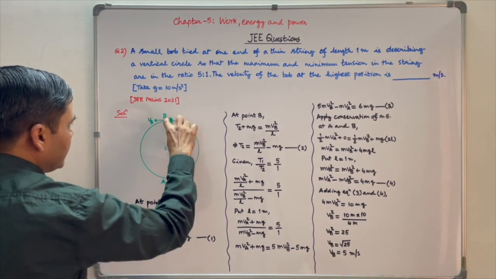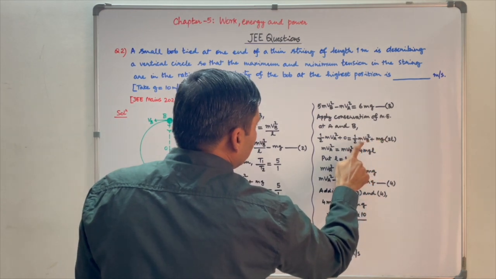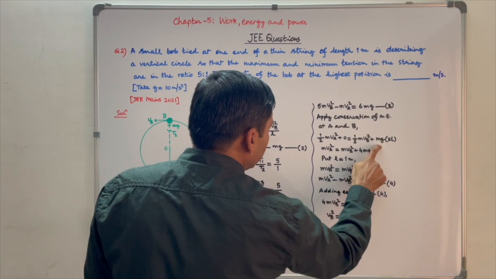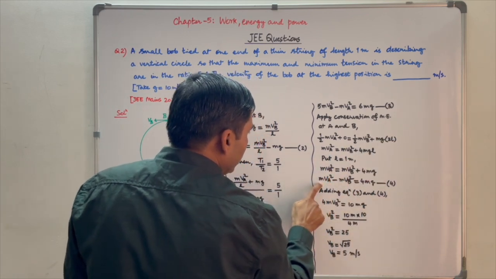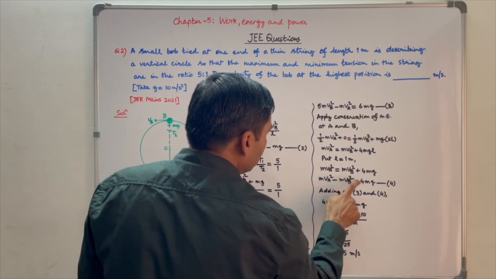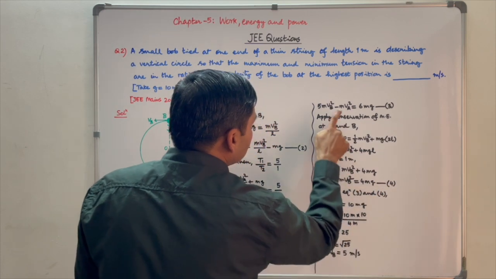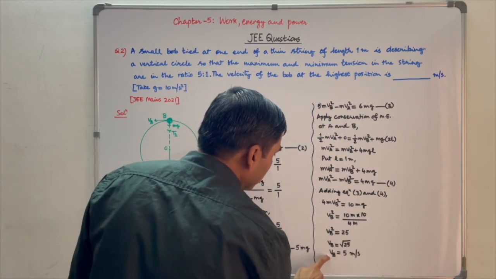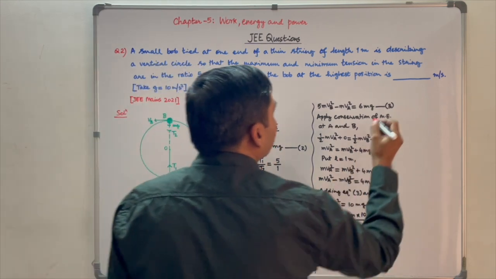H will be L plus L, and that is 2L. So at point B, the mechanical energy of the bob will be half mVB square plus 2mgL. Put L is equal to 1 meter. This gives mVA square minus mVB square is equal to 4 mg. Suppose this is equation number 4. We can solve equations number 3 and 4 to get the value of VB is equal to 5 meter per second. That is our answer.